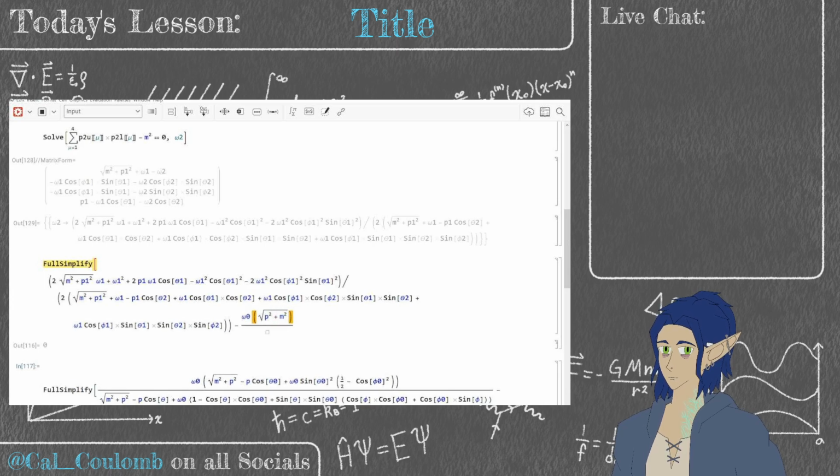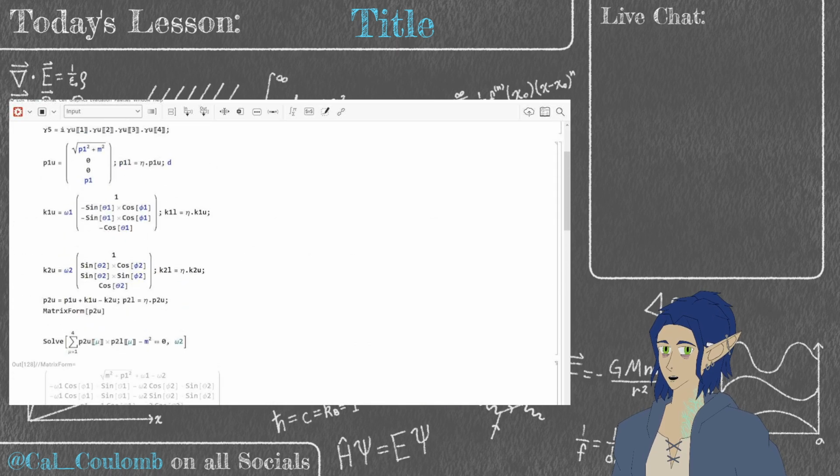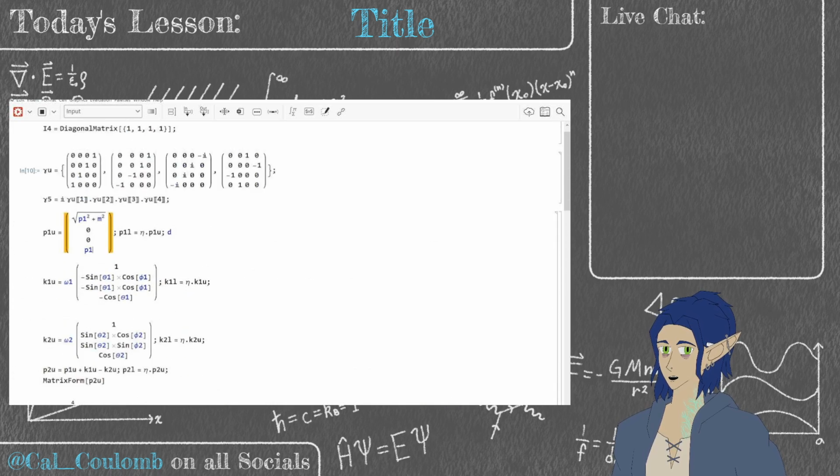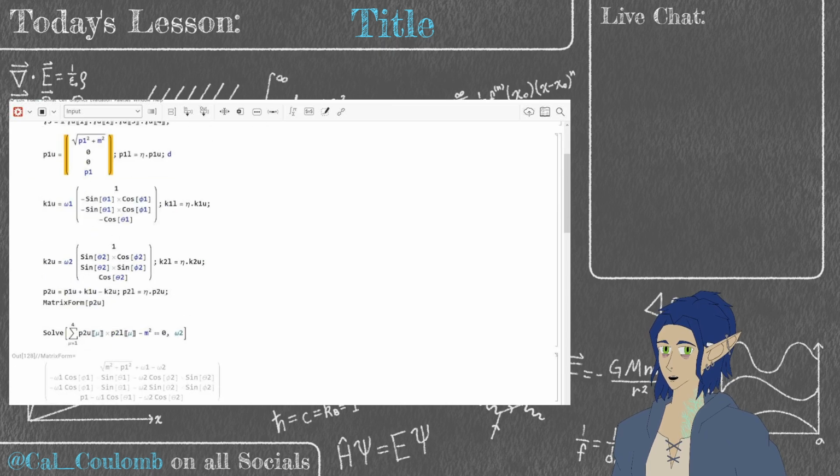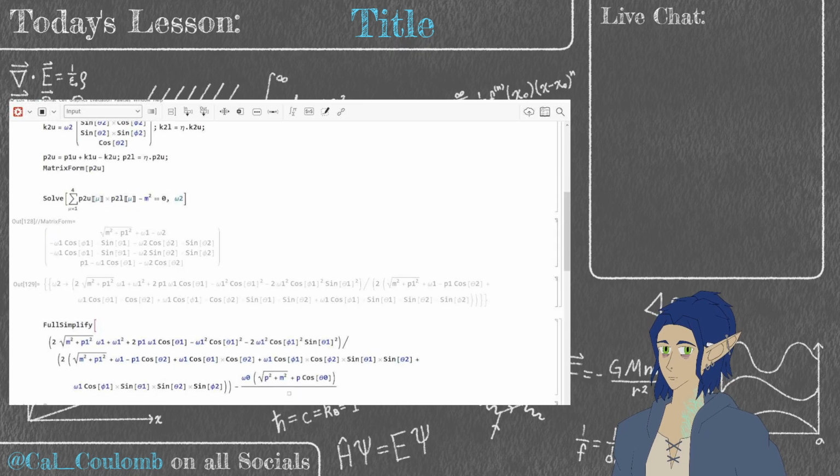This is the energy of the electron plus the momentum of the electron times the cosine of the angle theta 0. This is the incoming angle of the photon. I'm assuming that the electron is propagating down the z-axis, and so there's going to be some angle of attack that the photon has while coming in.